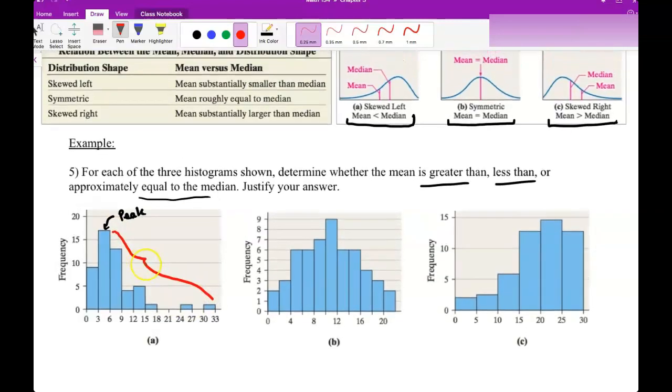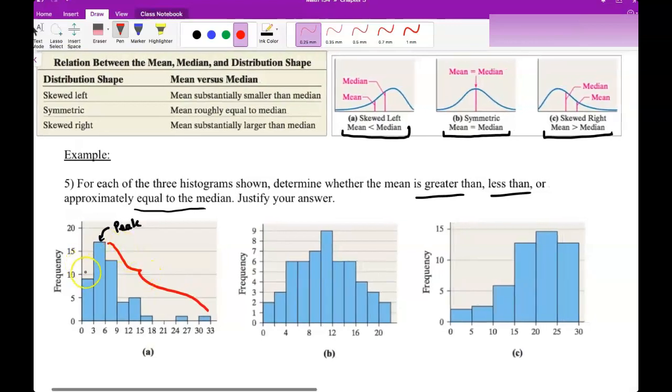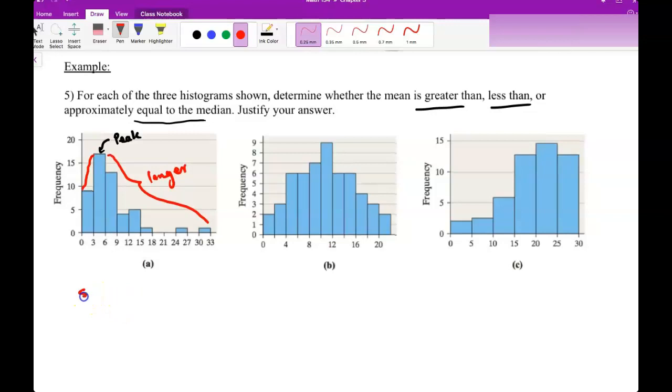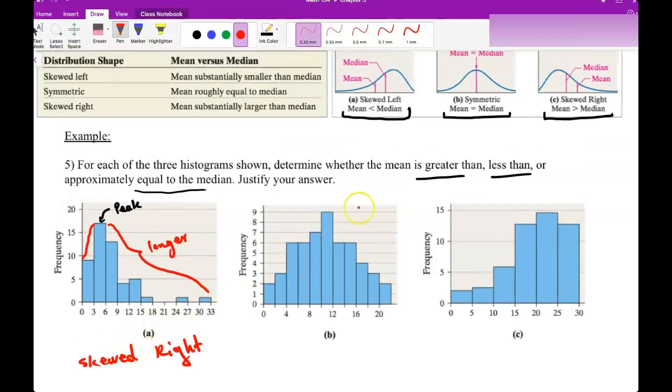Our right tail is longer than what we have on the left, so this is skewed right. Since we have skewed right, our mean is greater than median.